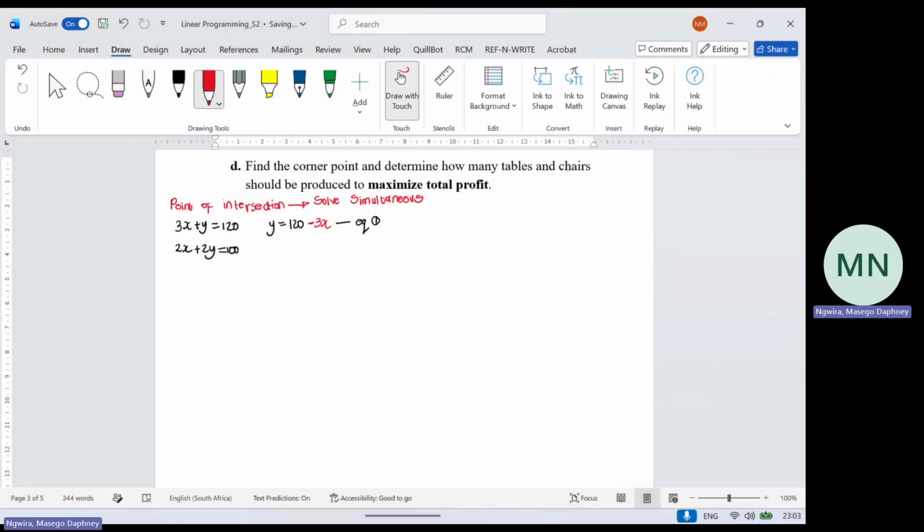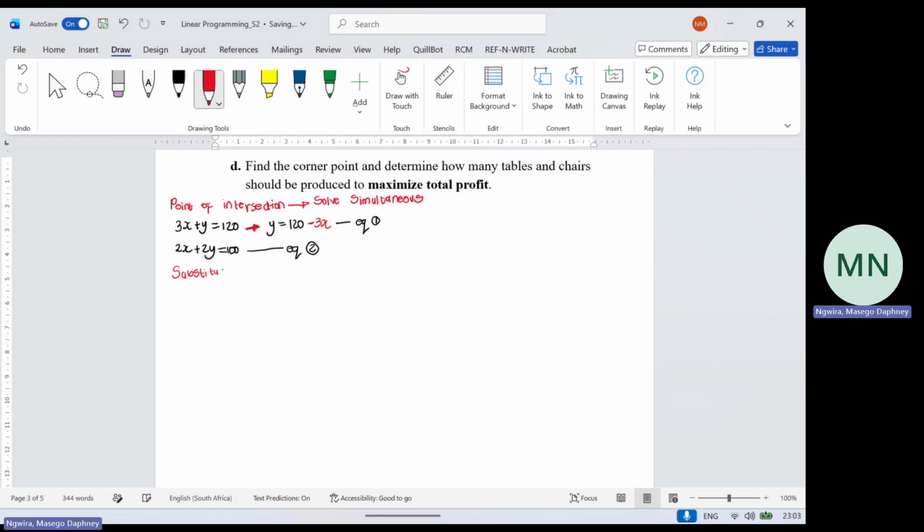I simply took my 3x to the other side. So this is my new equation, and this is my equation 2. So I have my two equations. I'm going to solve for x and y at the same time. When we solve for x and y at the same time, the first thing you need to do is substitute.